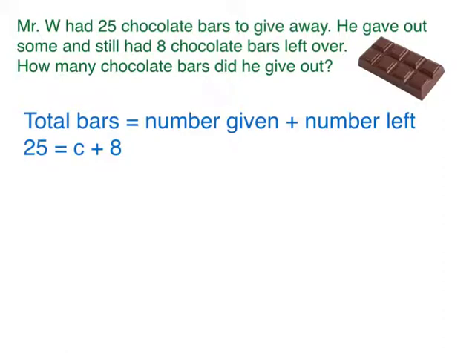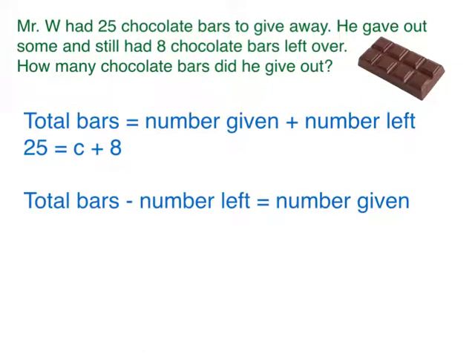But you can write some other ones. Let's look at this one. Is it true that the total number of bars minus the number he had left is equal to the number given? Yes, it is. And it would look something like this. 25 minus 8 is equal to C. And finally, you could also word it this way.